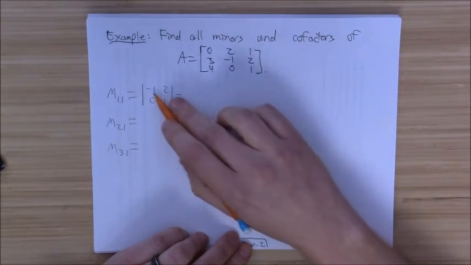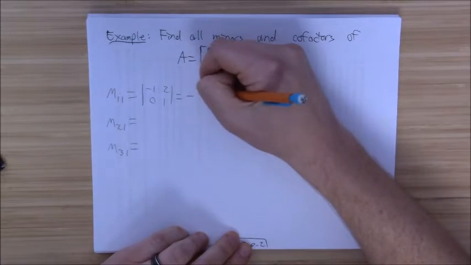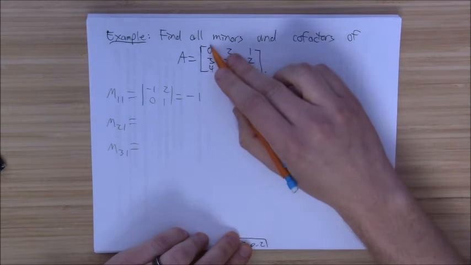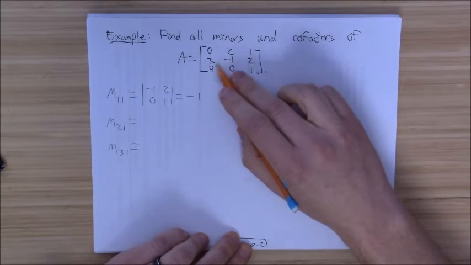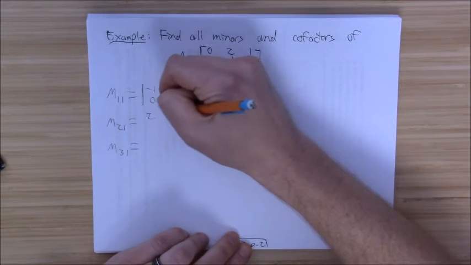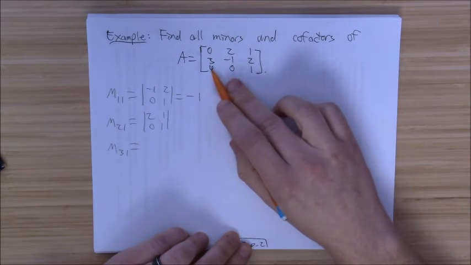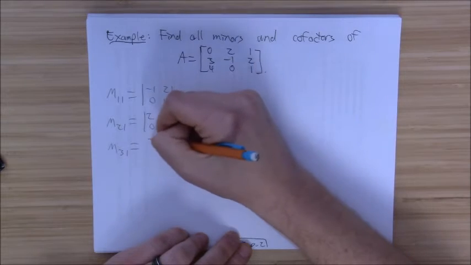Here, if we take this determinant, we would do -1 minus 0, so it'll be -1. If we delete the second row and the first column, we would have 2, 1, 0, 1. If we delete the last row and the first column, we would have 2, 1, -1, 2.